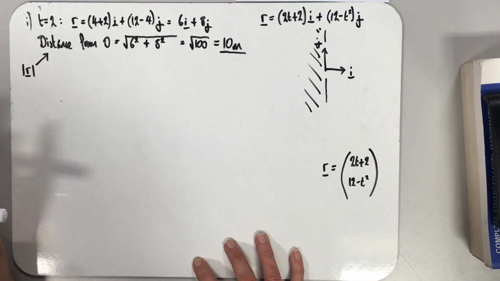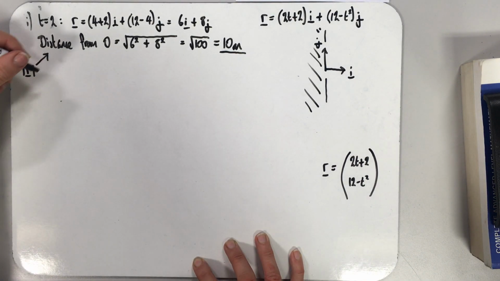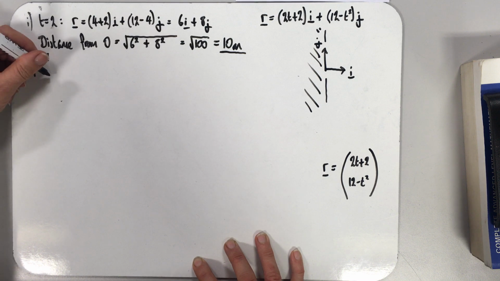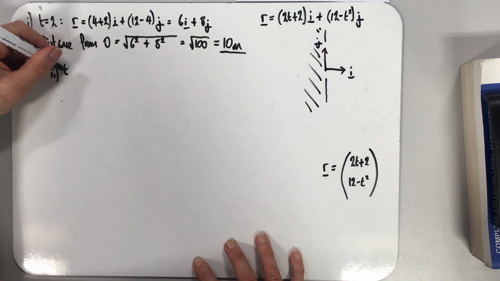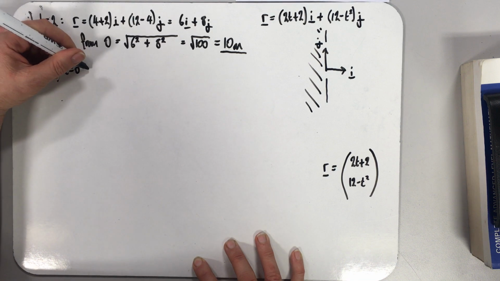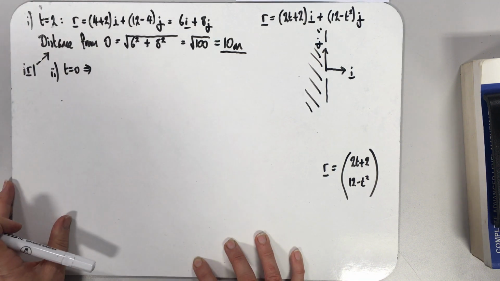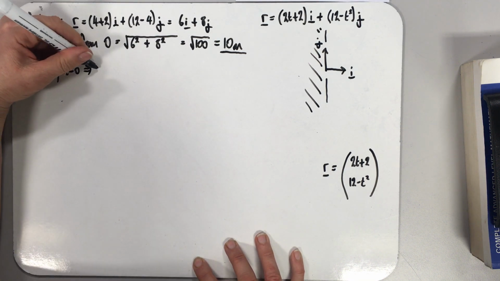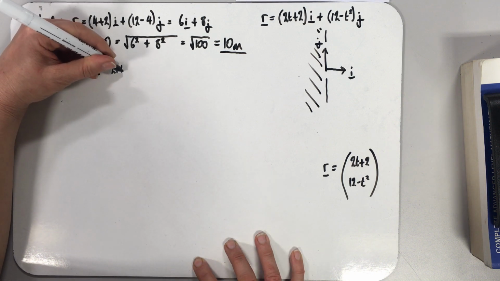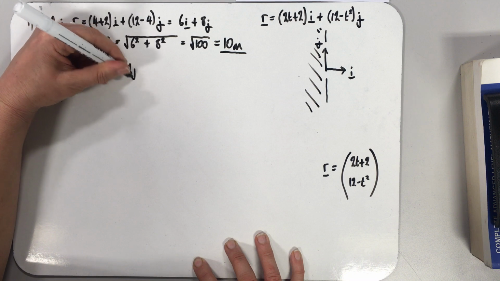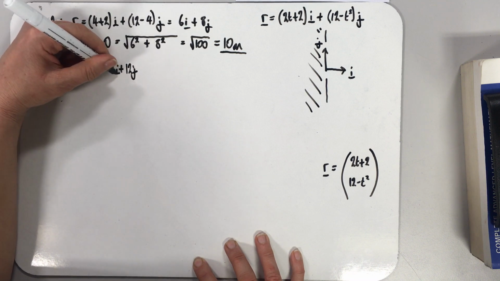Part 2, you may not see anything like this again, but sketching this graph, the position of the speedboat is dependent on t. So t is what's called a parameter, and it's going from 0 to 3. So we can find the position of the boat for some different values of t. When t is 0, r comes out as 2i plus 12j.